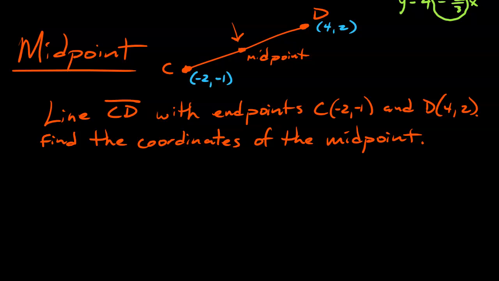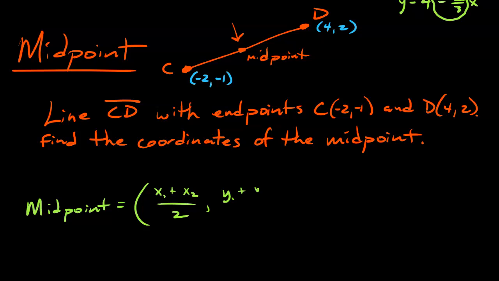The formula itself looks imposing, but basically, you're going to find the average of the two x's and the average of the two y's.